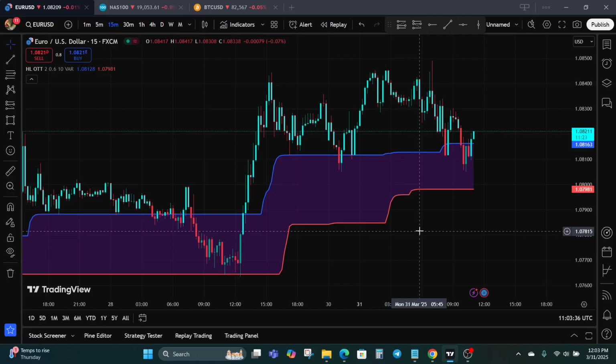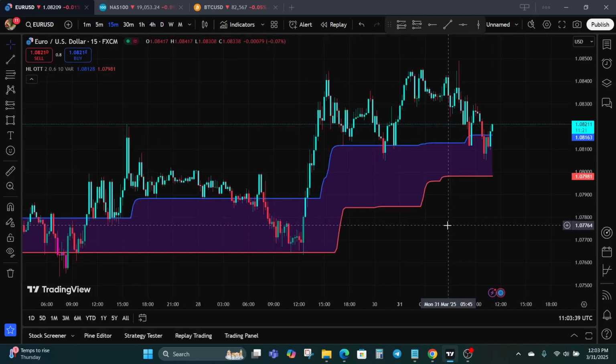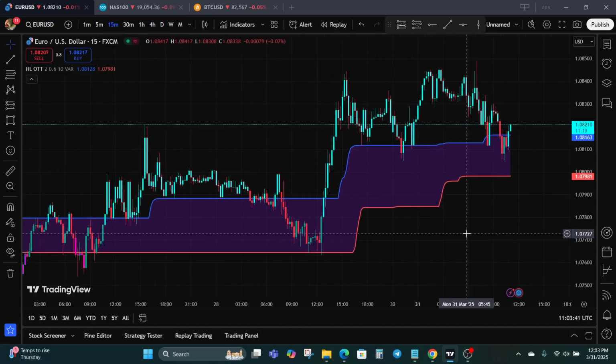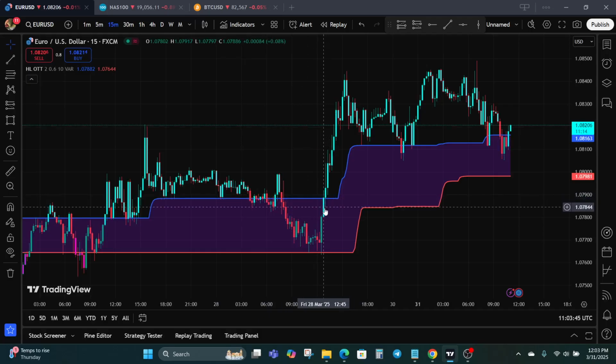Let's just quickly take a look at how it works. Basically, when price crosses above the blue HLOTT line, it signals a potential uptrend.